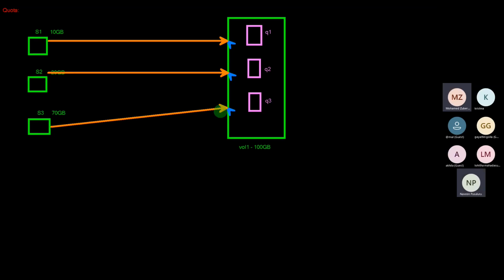So now my S1 started copying the data, S2 started copying the data, S3 started copying data. Normally in Windows, you guys are using folders, right? Is there any limitation on a folder, on how much data you can copy? No, right? You can copy as much data as you want in a folder.